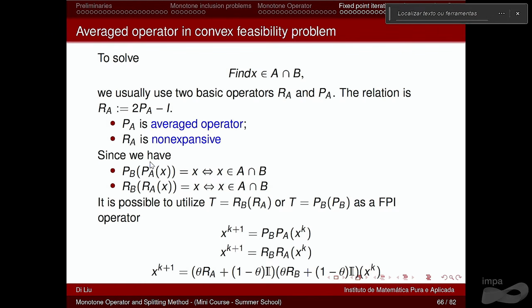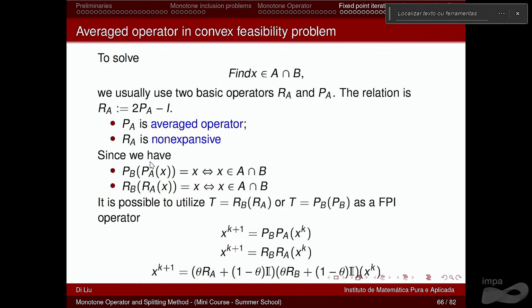We have properties about these two operators. First, the projection is an averaged operator, and the reflection is non-expansive. Because of this difference, when algorithms use these two different operators, they will give different performance.